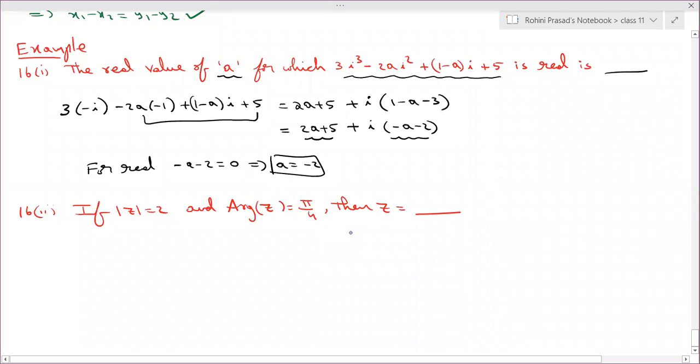So we have modulus and argument form of a complex number. Any complex number z equal to r cos theta plus i sin theta, where r is equal to the modulus of the complex number and theta equal to the argument of the complex number. Now you have both. Modulus is 2 and argument is pi by 4.